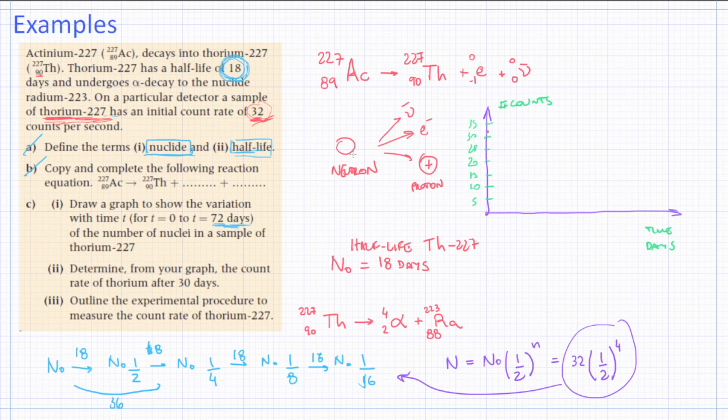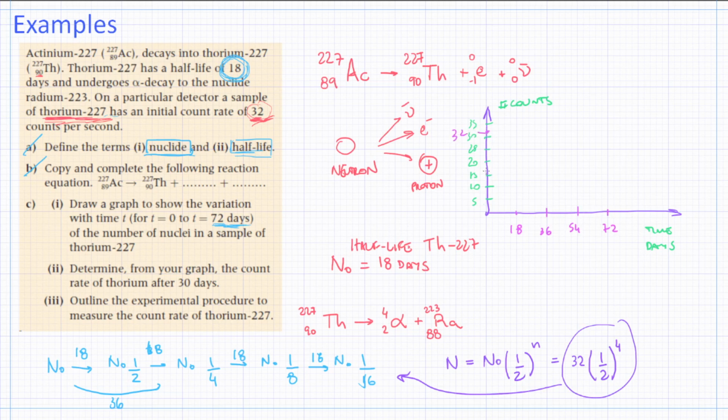My initial point is 32, and then after one half-life it drops to half, so it will drop to 16. So let's say this is one half-life, so 18 days. It would be 36, 54, and 72.